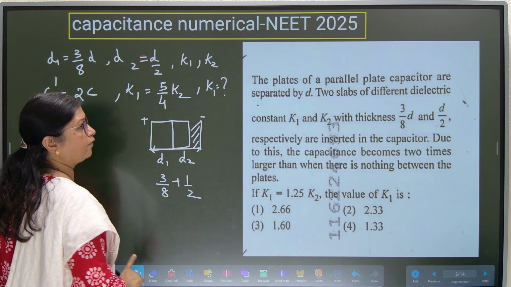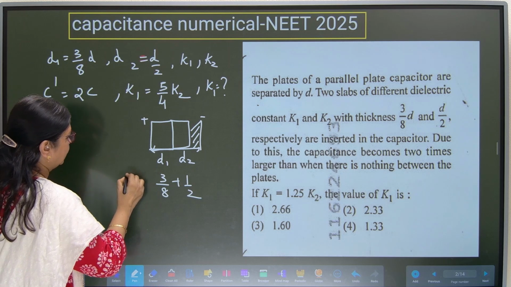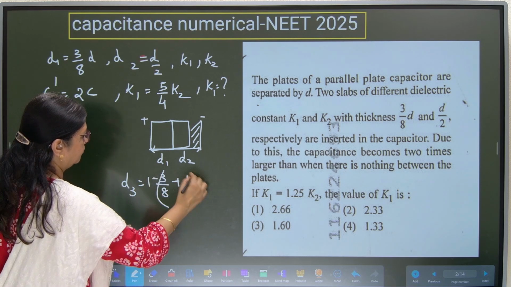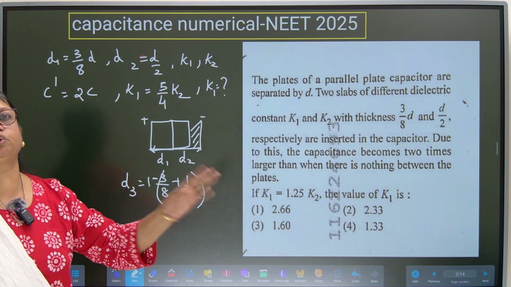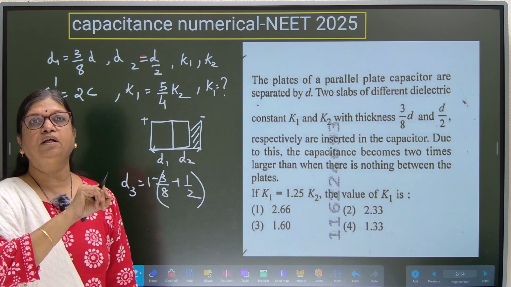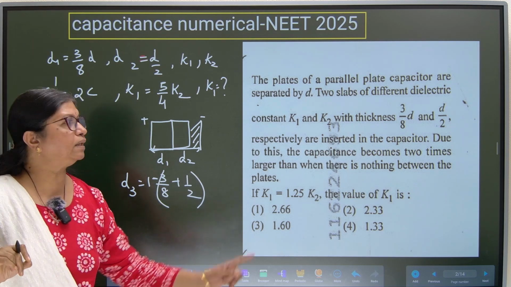So d3 we have to find out. So now I am finding out d3. d3 is equal to 1 minus this much portion. Fine. That was the difficulty level chosen by this question.